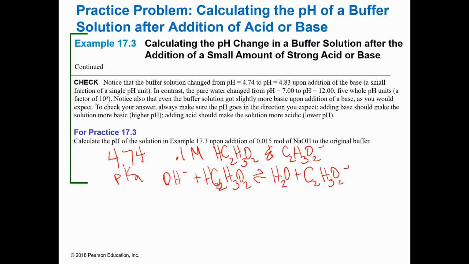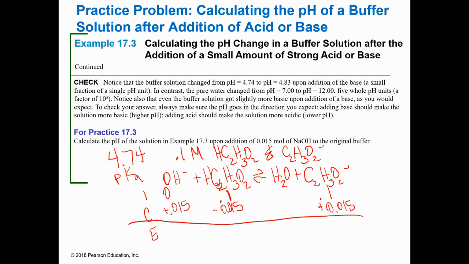All right, so our base started out with nothing. I started out with 0.1. 0.1, I added in, so this is 0.015. I need to subtract it from here because it's losing that much, sorry, 0.015. And then it gets added on the other side. Okay, so once this is used up, it's gone.